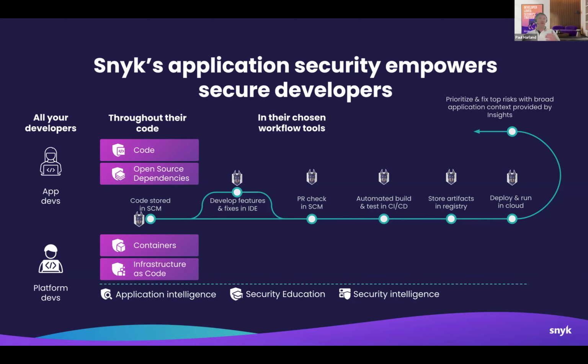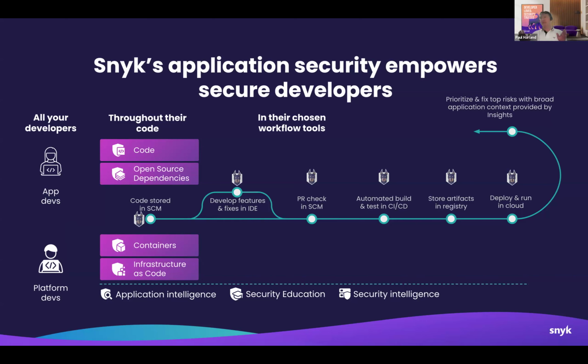In their IDE, they're creating a new feature, fixing a bug, or doing some site reliability changes. And in that IDE, again, we can scan all four of those layers. Once that work is complete, a developer then creates a pull request, pushes that back into the SCM tool. And again, Snyk can check and fail pull requests if we find vulnerabilities.